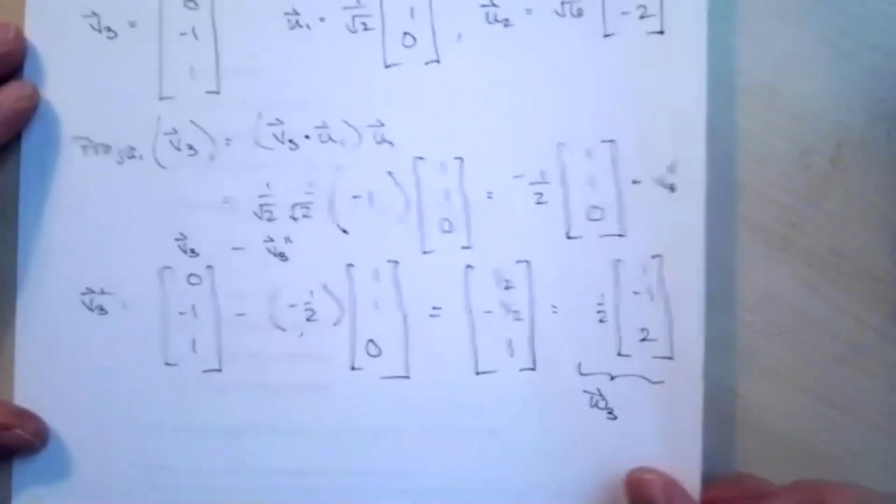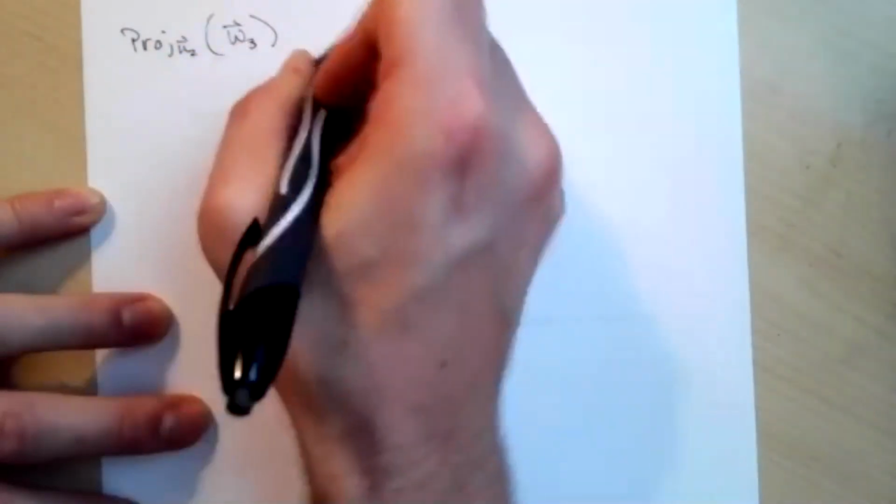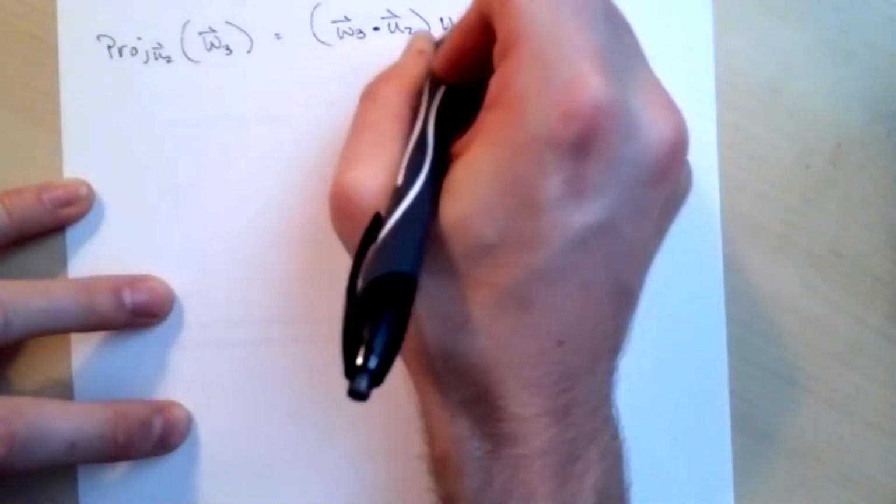And so now what do we want to do? We want to take that result and find the perpendicular component of that with u2. So we are going to project our w3 onto u2. And so this will be w3 dot u2 in the direction of u2.